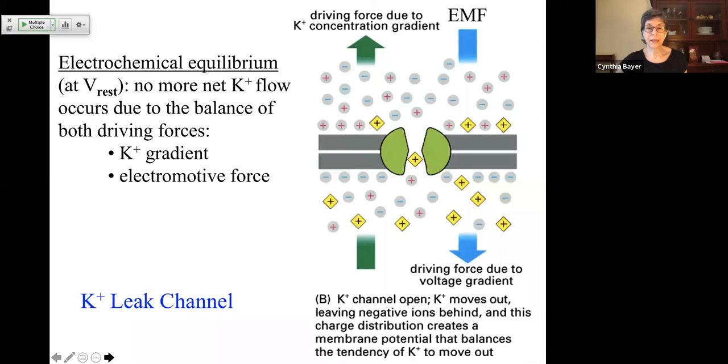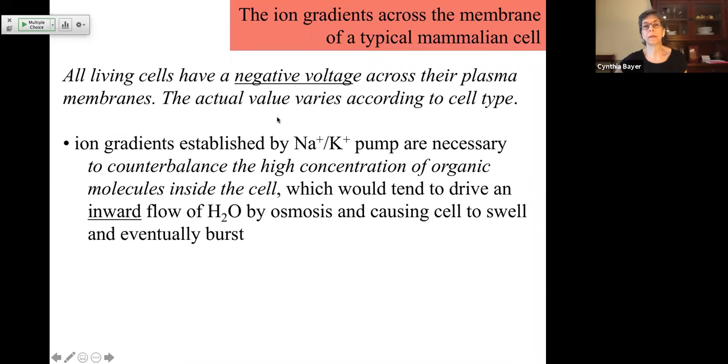But any cell, any living cell, has a negative voltage across its plasma membrane. Different cell types will have different values to that voltage, the difference in charges across the membrane. But these ion gradients are essential to be able to maintain this negative voltage across the membrane.